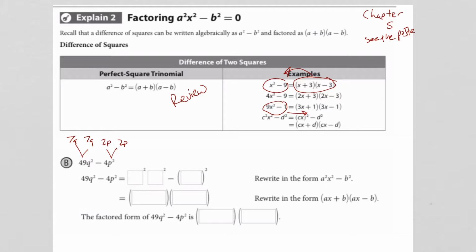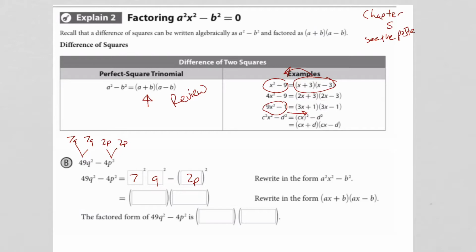So in this scenario, we've got 7q squared minus essentially 2p squared. So when that's the case, we follow this formula, which is technically not the first time we've seen it.